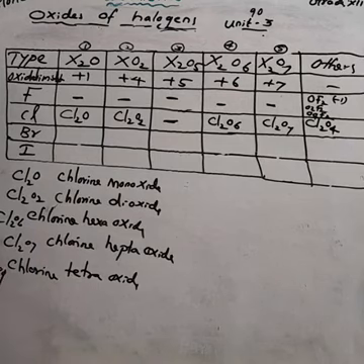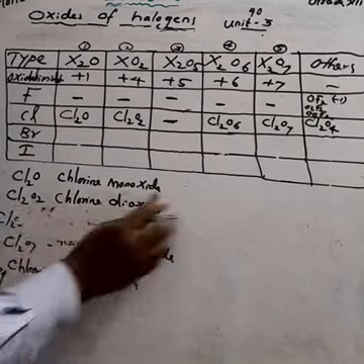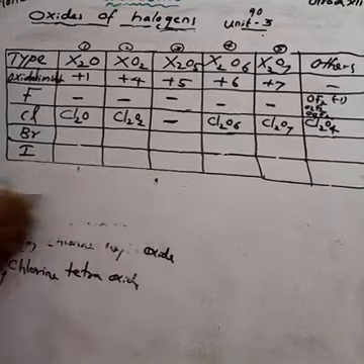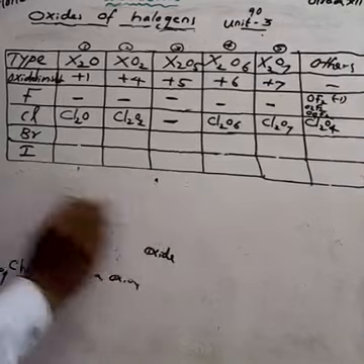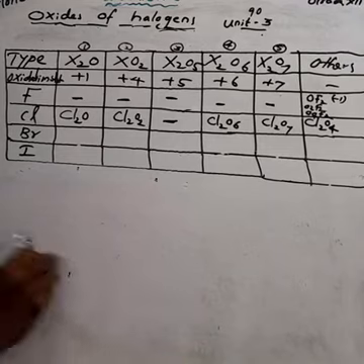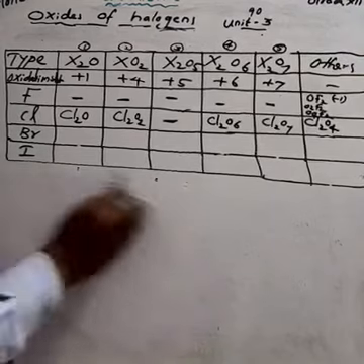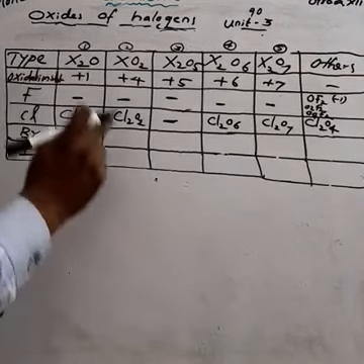Next halogen is bromine. Bromine also can form the type X2O, X2O3.